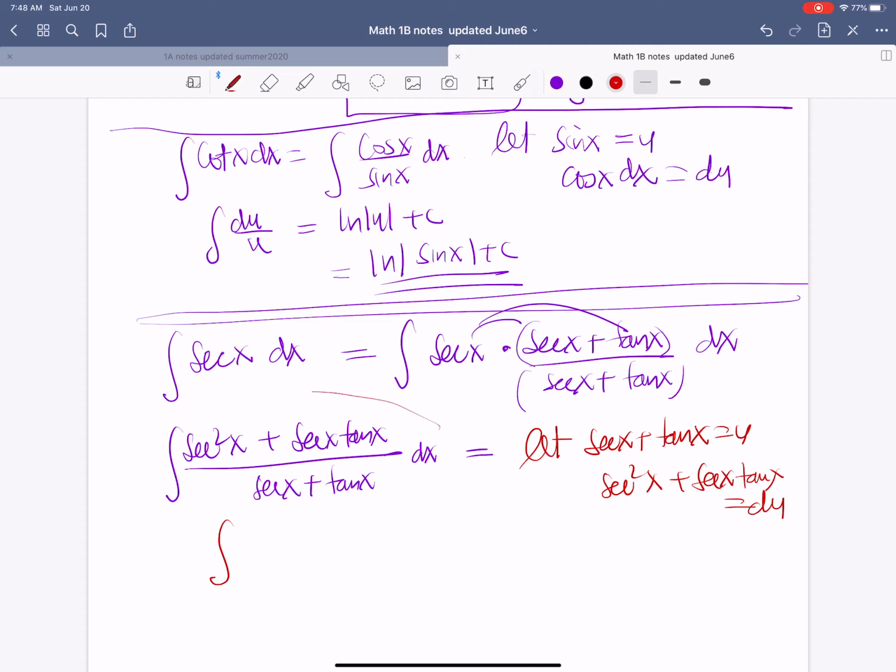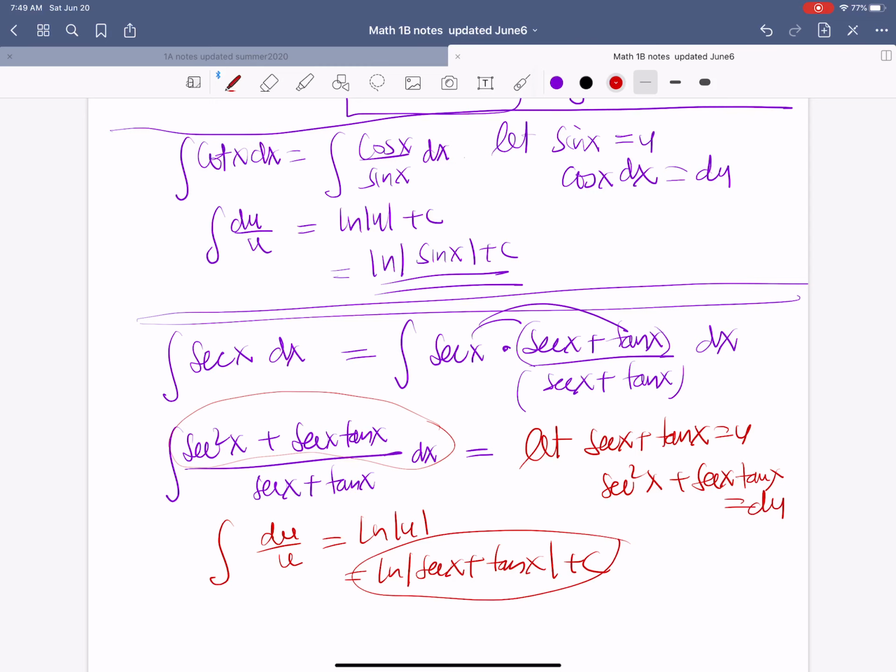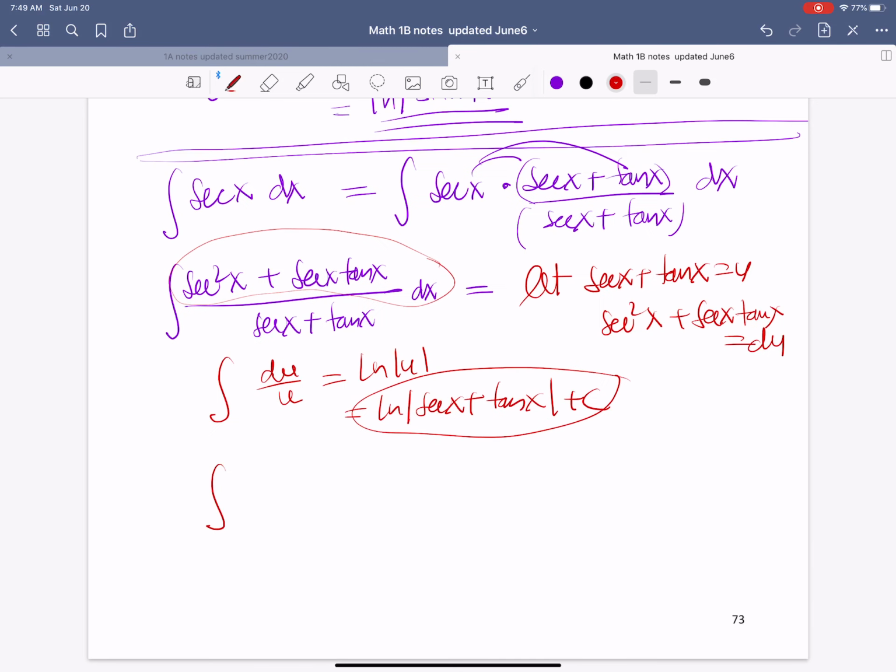So this whole top becomes our du. Du divided by u is natural log of u, and that's natural log of secant x plus tangent x plus c. So memorize that the integral of secant x dx is natural log of secant x plus tangent x plus c.